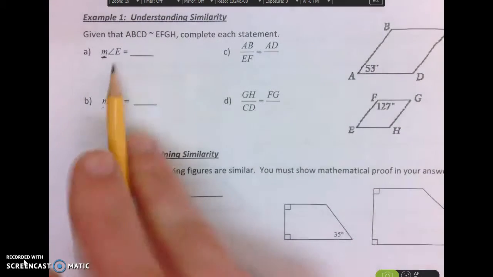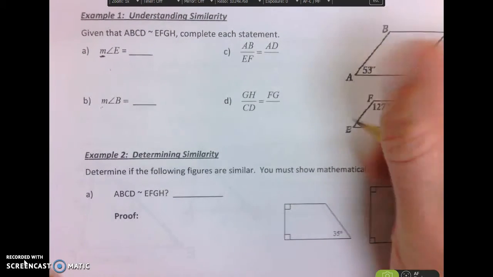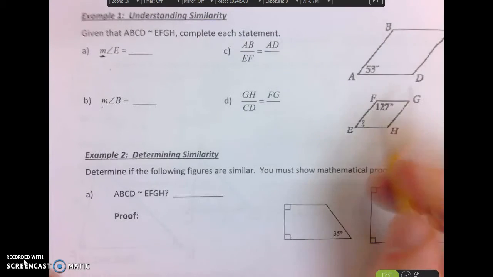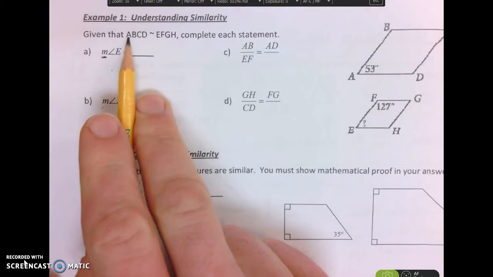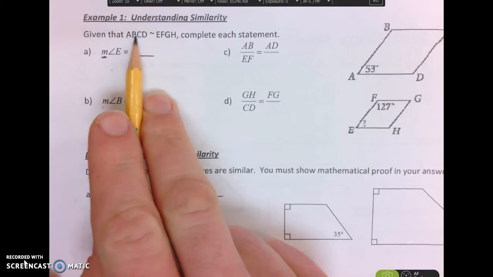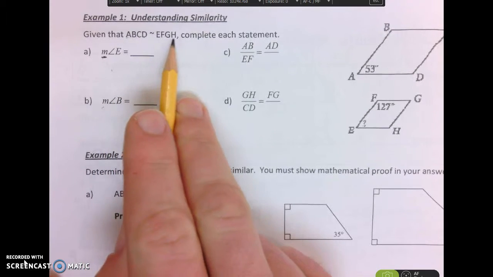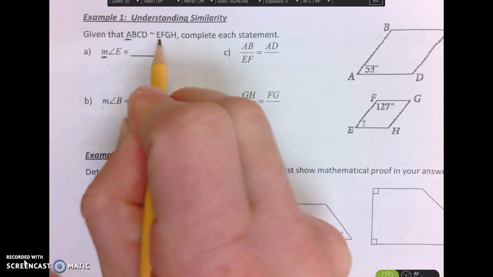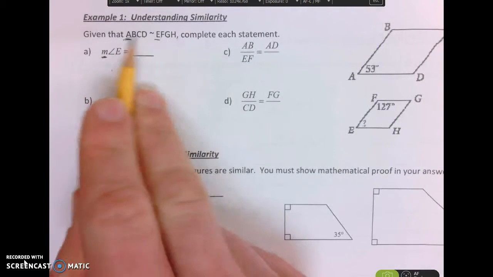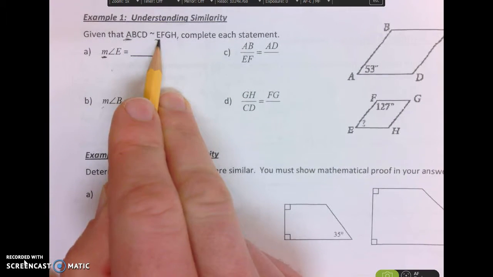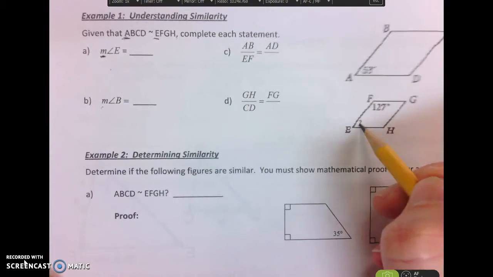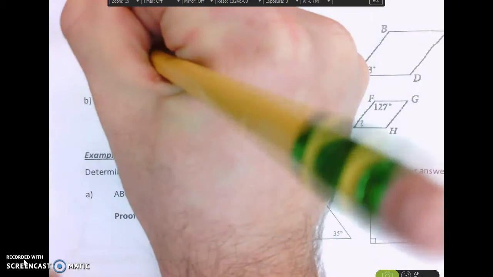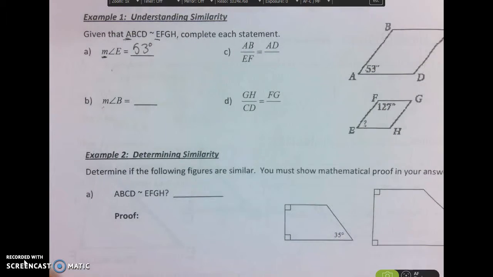All right, so if we look at angle E down here, I do not know how big that angle is, but because right here it has a statement that says ABCD is similar to EFGH, what I know is A is in the first spot and E is in the first spot, so I know those two angles have to be congruent if they're similar figures. So if angle A is 53, angle E must also be 53 degrees.